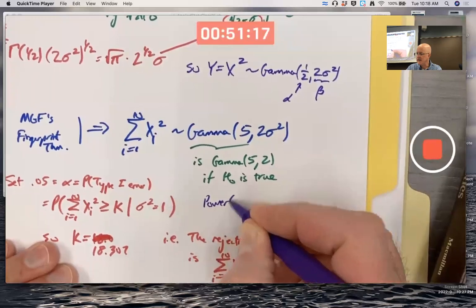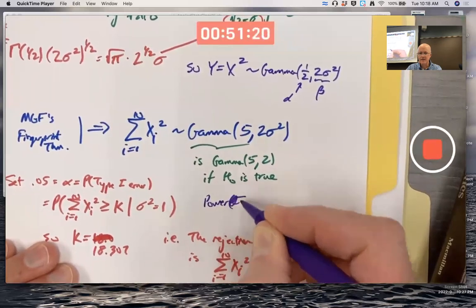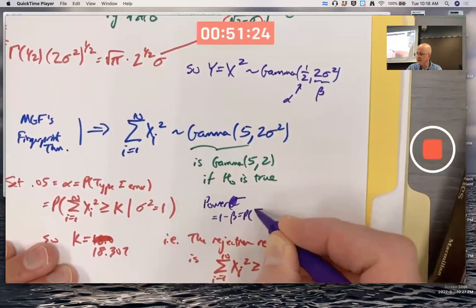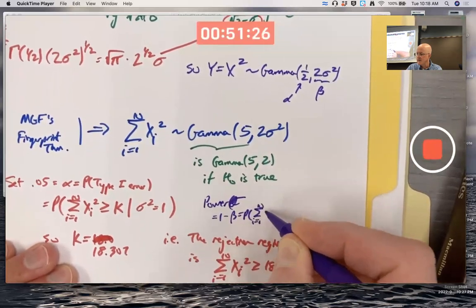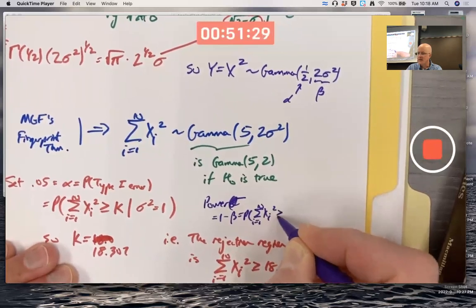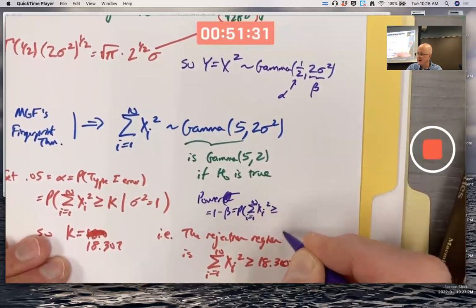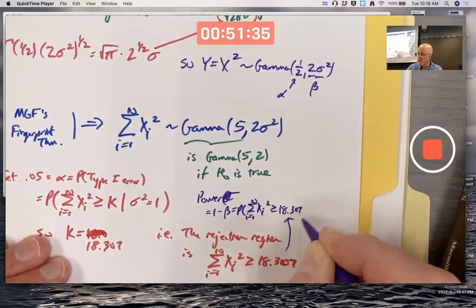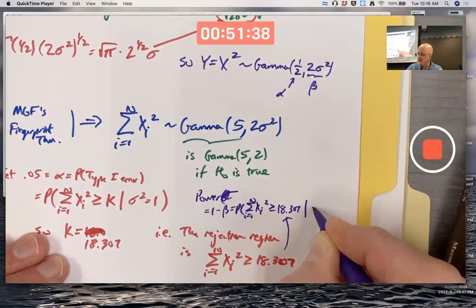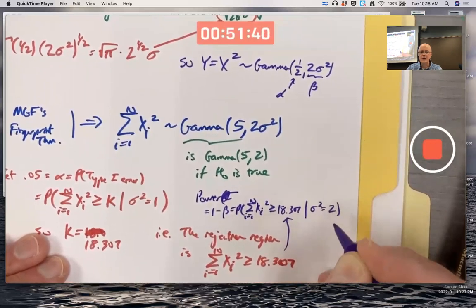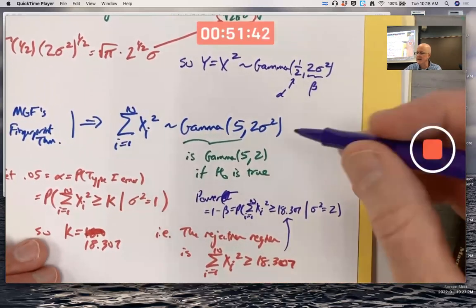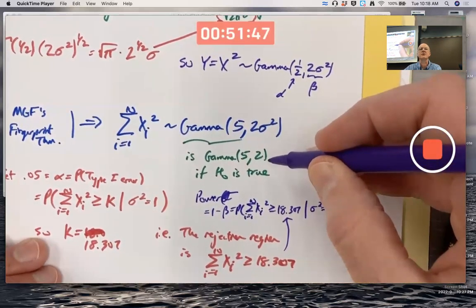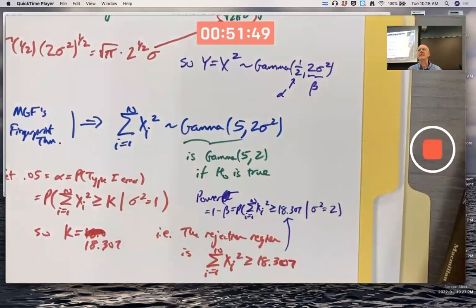The power would be 1 minus beta, the probability of being in the rejection region when the alternative is true, assuming sigma squared is 2. And you could use technology for that as well, except you'd have to plug in sigma squared as 2 and use a gamma 5, 4 distribution instead of a gamma 5, 2 distribution.